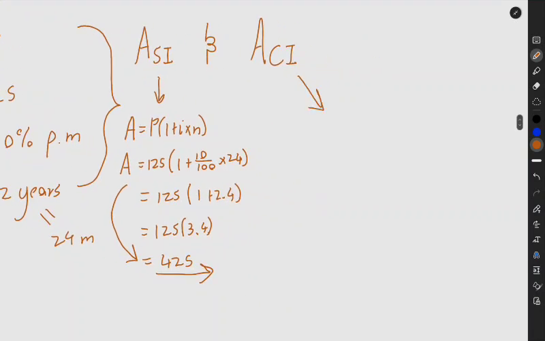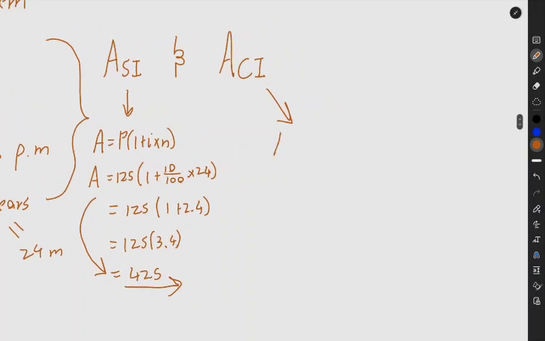Let's look at compound interest though. The accumulated is equal to P times 1 plus the interest rate raised to the power of n. That would be equal to 125 times 1 plus 10 over 100 raised to the power of 24. Now, let's try and find out what exactly that number is.